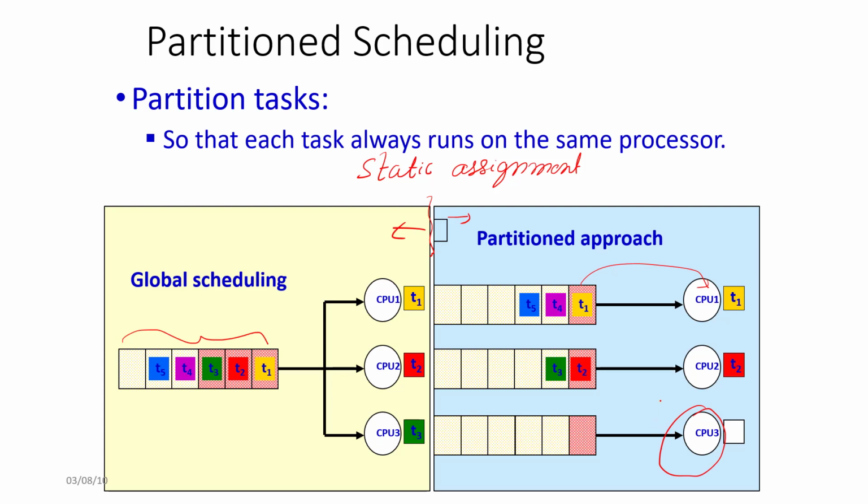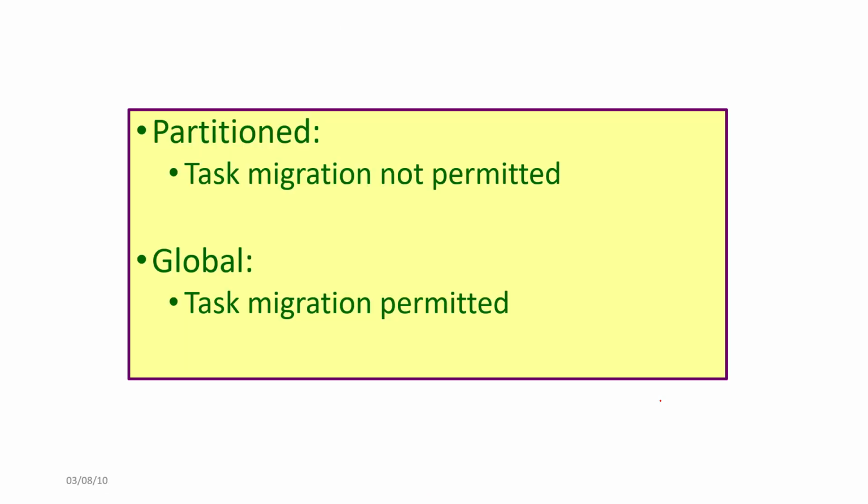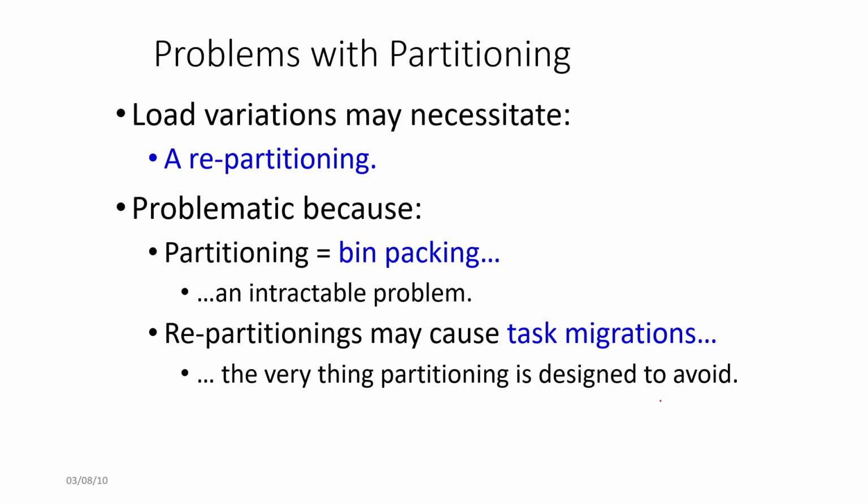Static in this case means inflexible, in the sense that we are not creating an opportunity for more load balancing. A partitioned approach is simple, but again, not the most optimal when it comes to distributing the load. So in partitioned scheduling, task migration is not permitted. In global scheduling, of course, task migration is permitted. So what are the problems with partitioning?